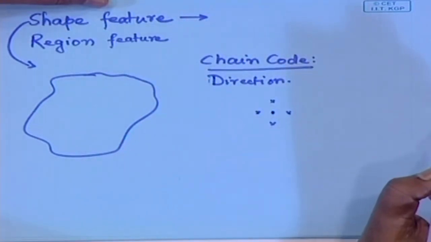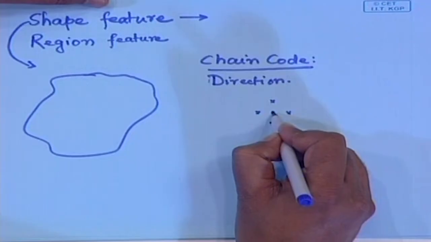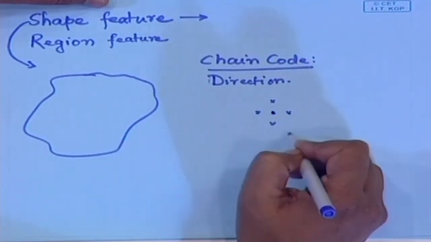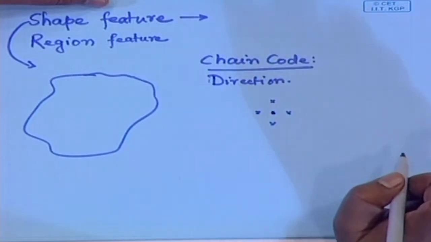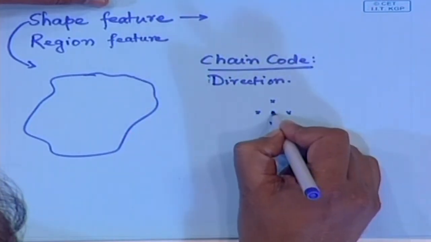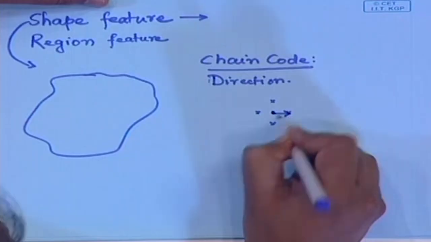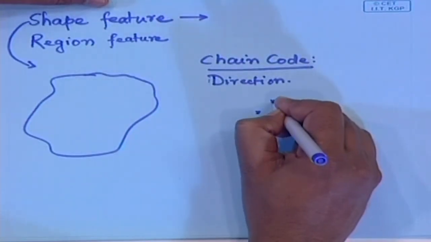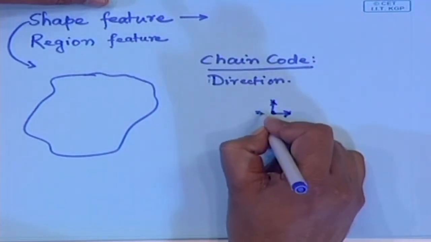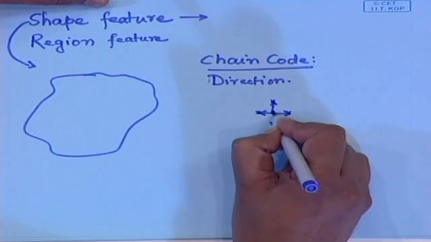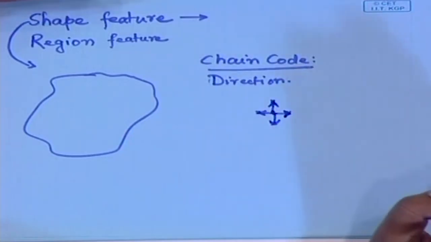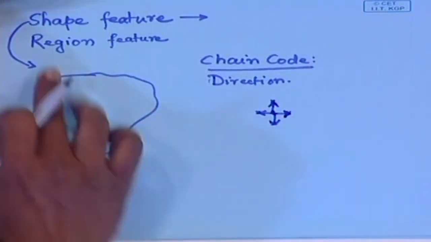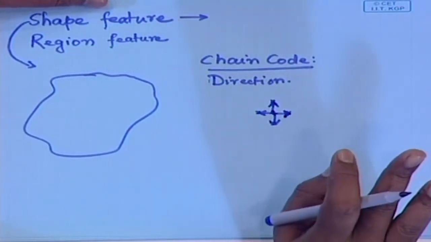When I want to move from the center pixel to any of these 4 connected neighbors, I can have only 4 possible moves: east, north, west or south. This is what I mean by direction.